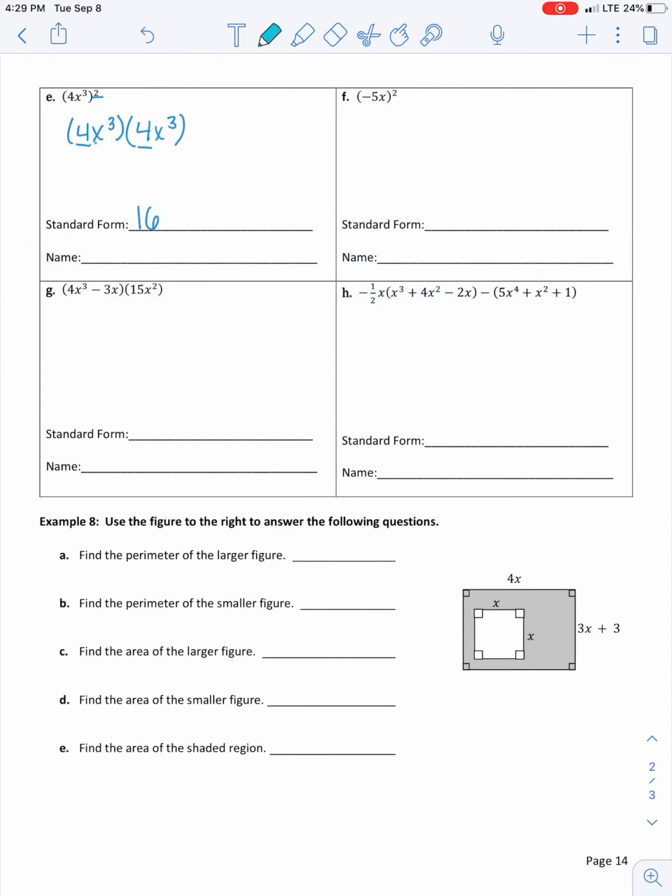And then we're taking the x to the third times the x to the third. We know that we are supposed to add our exponents, so we get x to the 6th. The name of this would be a 6th degree, because that's our highest degree. And then we have a monomial, because we only have one term.